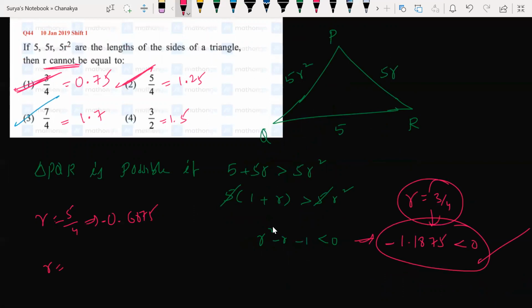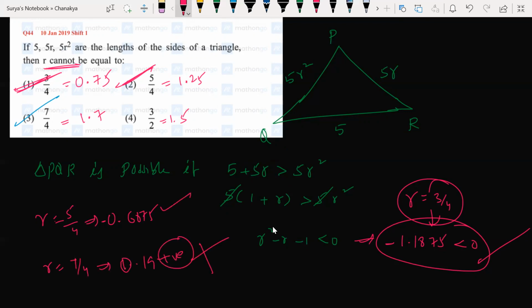So the R value 7/4 is nothing but 1.7 into 1.7 minus 1.7 minus 1. Here I'm getting positive, beta. For 7/4 I'm getting 0.19, which is positive actually. This cannot be. This can be actually.